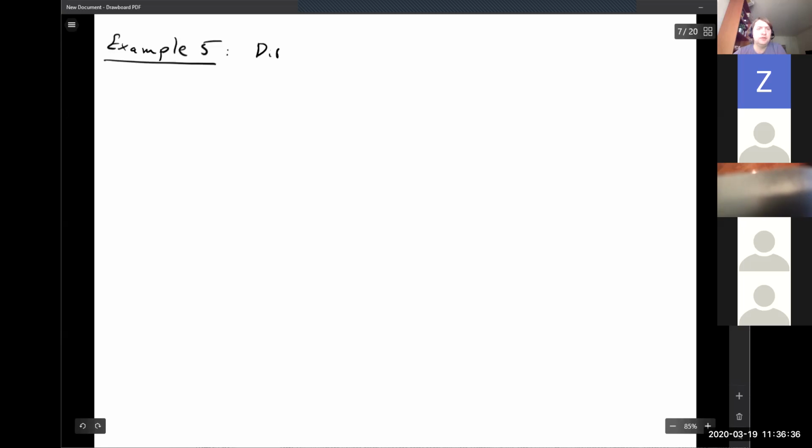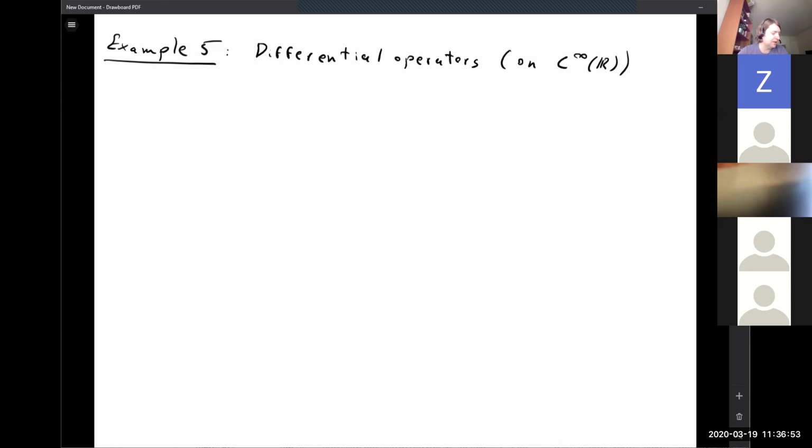And here I won't go into any details. I'll just mention that if you look at the differential operators, and let's say that they act on, I don't know, infinitely differentiable functions of R for simplicity, but you can make this in a slightly more general setup.